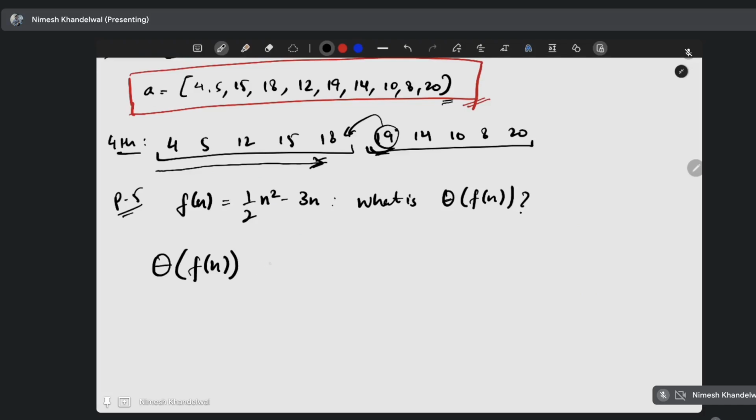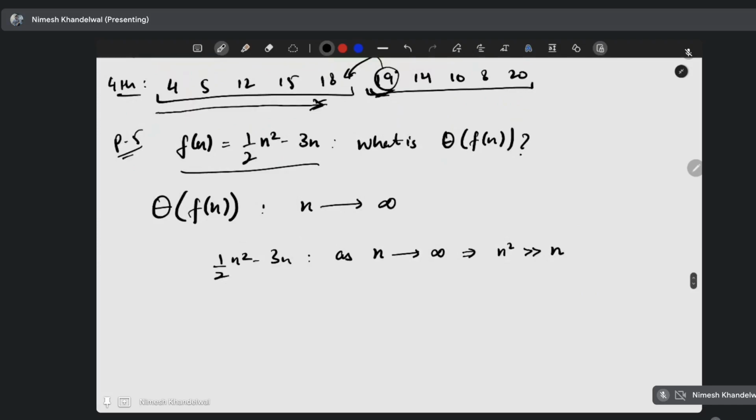it is basically about complexity when n goes to infinity, for very large values of n. If we look at this function, 1 by 2 n squared minus 3n, as n grows, or theoretically goes to infinity, n squared becomes really large compared to n. So this value will be dominated by this term.